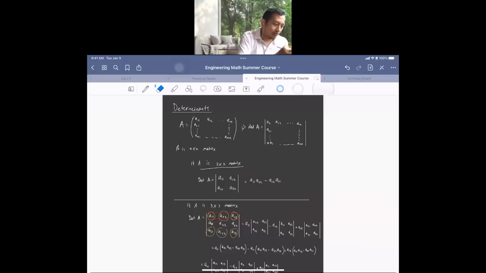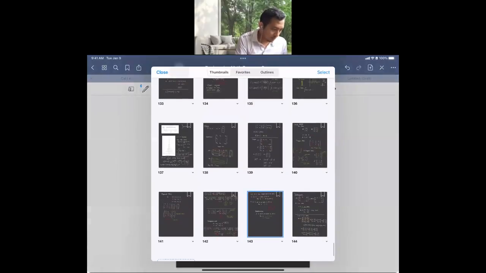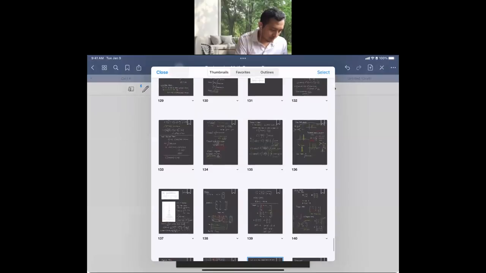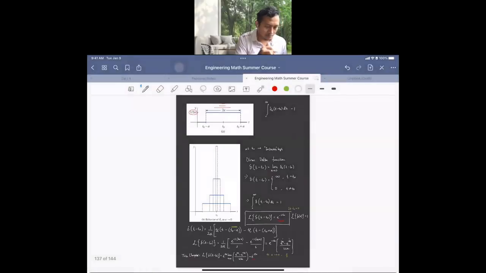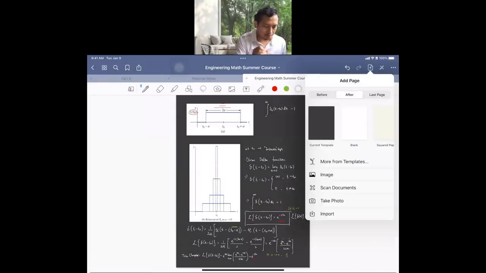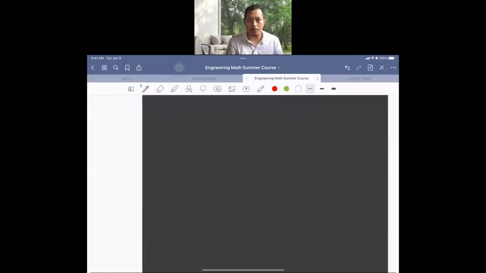Okay. Let me go through what we have here. The Dirac delta. I think I will just add from here. I will add some pages to review some part of the Laplace so that when you read my notes, you understand there will be some additional exercise here.